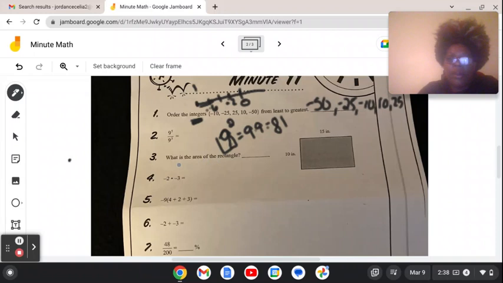Here, what is the area of the rectangle? Many students might just say 150 because they know area means how many square units could fit in this particular space. I would keep going until I had 10 along this side and 15 along this side, and this takes forever.